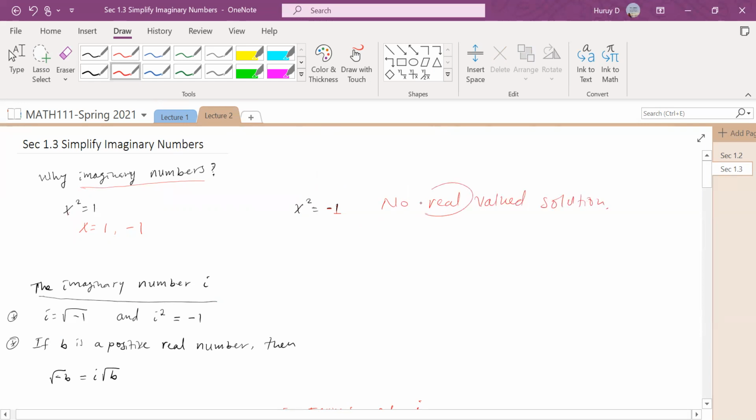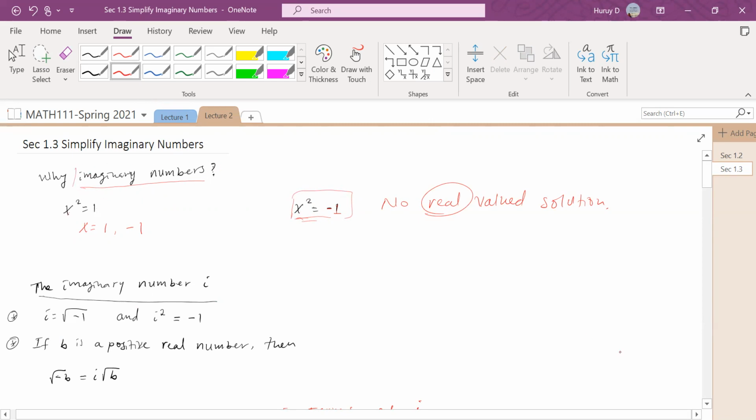Okay, this is important, we're talking only about real numbers. There is no real number that makes this one true. If you take any real number, you can never find one that makes this true. So in order to answer this question, mathematicians introduced imaginary numbers.